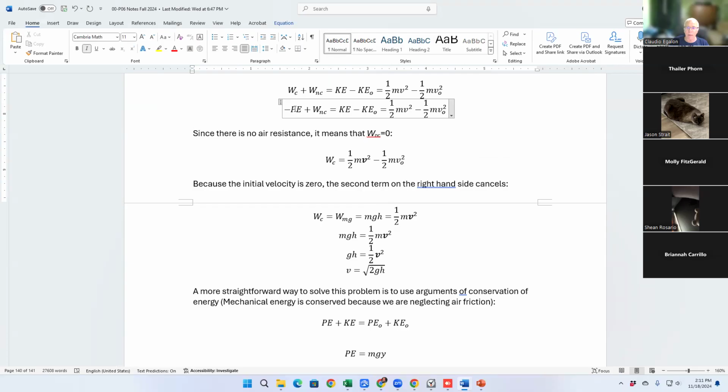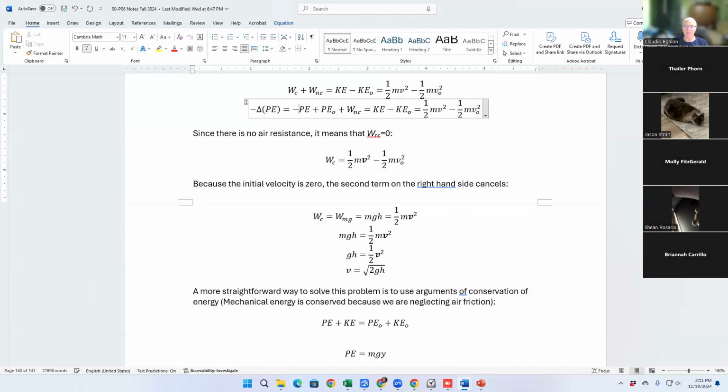Minus final potential energy plus initial potential energy, like that. Okay, that's what W of C is all about. It's minus the change in potential energy, delta, like that.